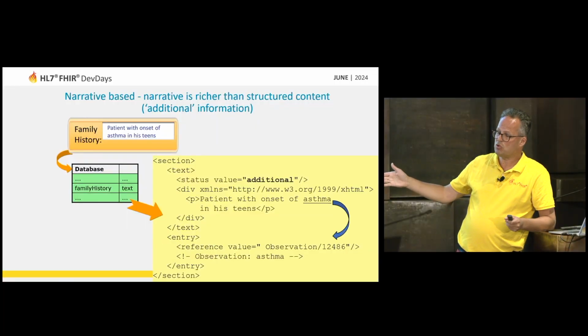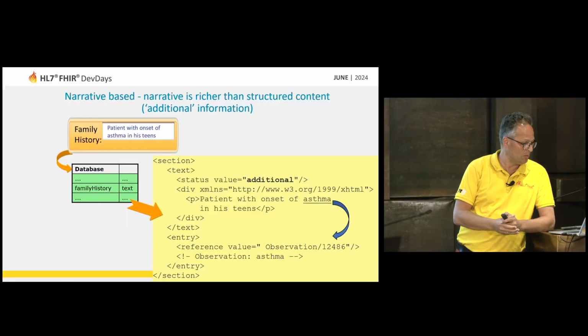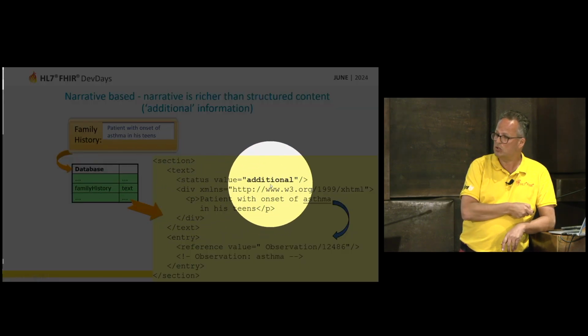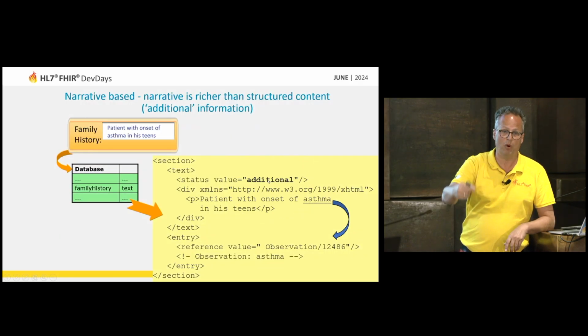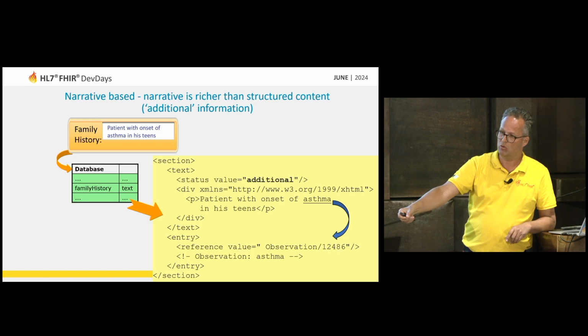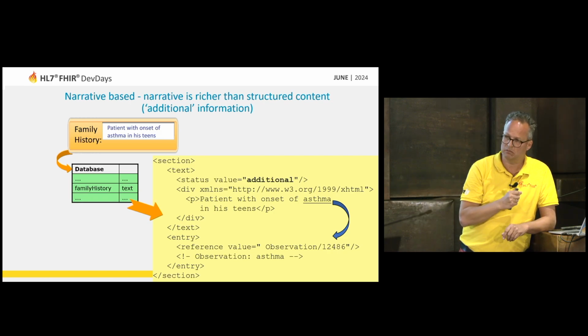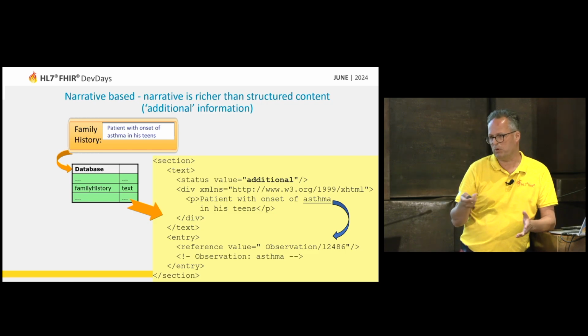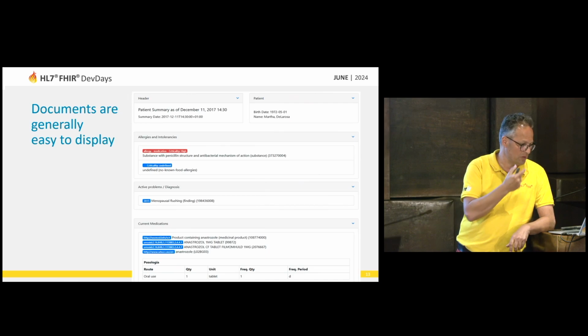To enrich, as you see here, create the computable version of that data. But now my code here is going to say additional. There is additional information in the text above and beyond what's there in the structured data. For example, in his teens, that's not captured in our structured data. Maybe we could, but it's not in this example.